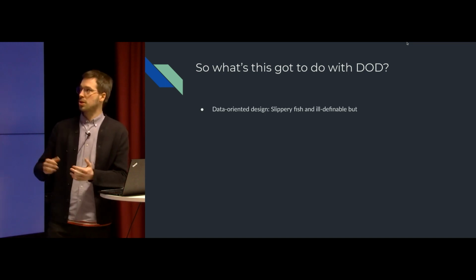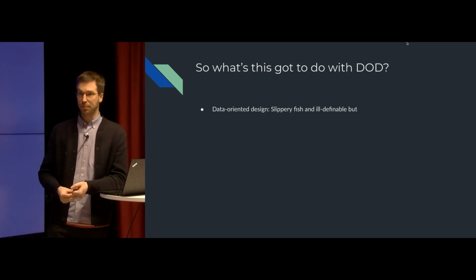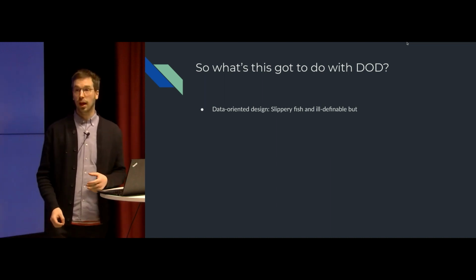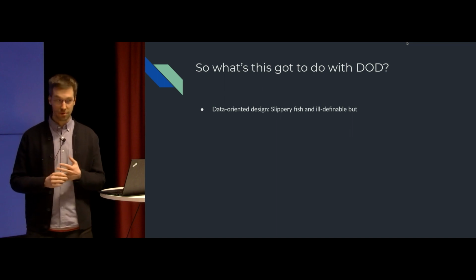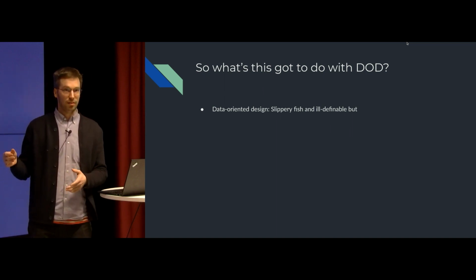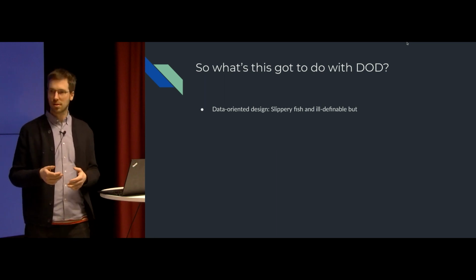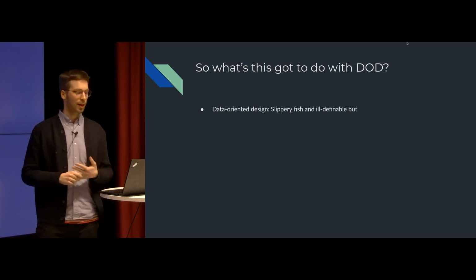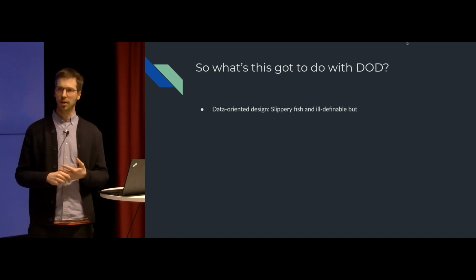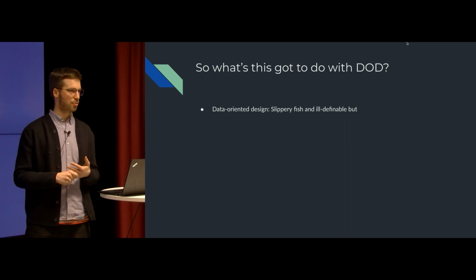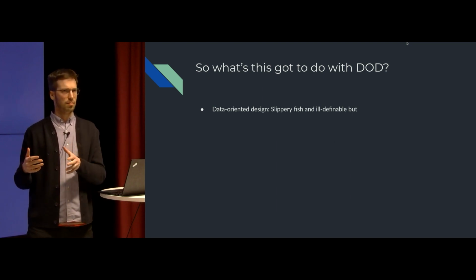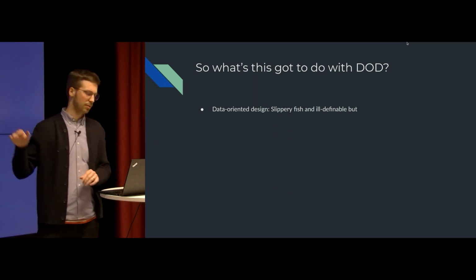Okay, so what's this got to do with data-oriented design at all? And what is data-oriented design? I'm not an expert. As I said, I heard about this stuff last year and thought, wow, that's really interesting. It's also something apparently kind of ill-defined. People seem to have different ideas of what is data-oriented design and what is data-oriented orientation. I don't know, lots of names.